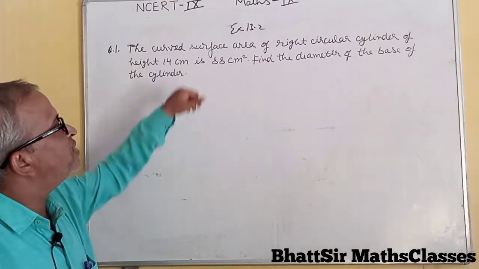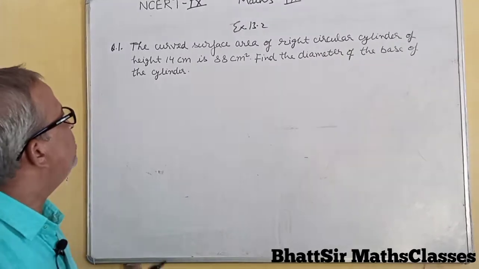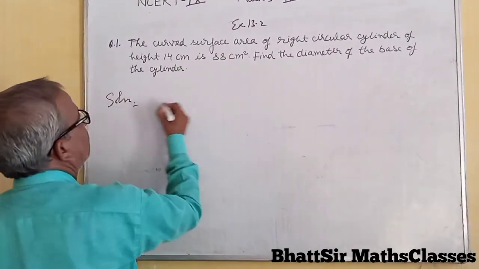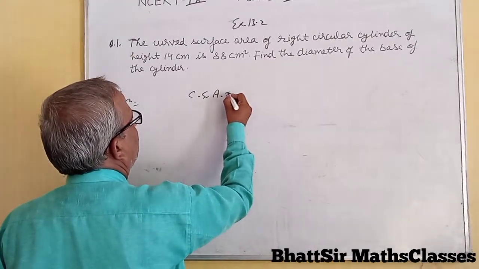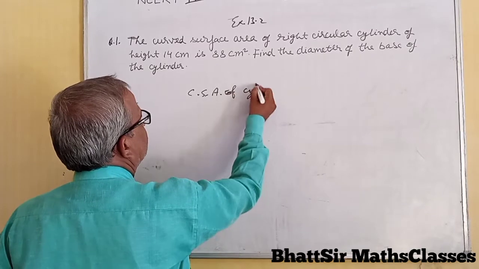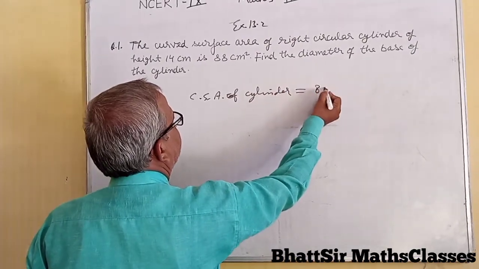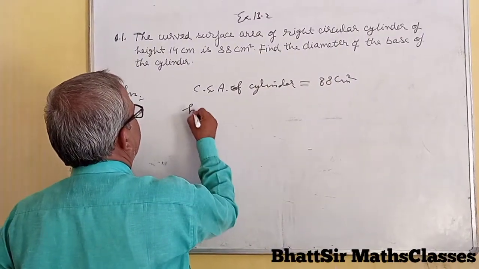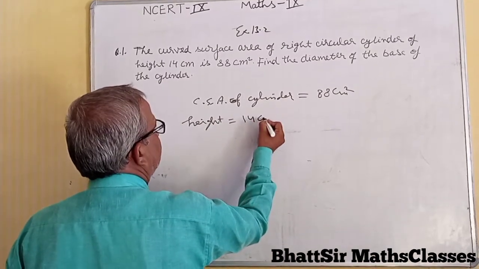The curved surface area of a right circular cylinder of height 14 cm is 88 cm square. So CSA of cylinder equals 88 centimeter square and height 14 centimeter.